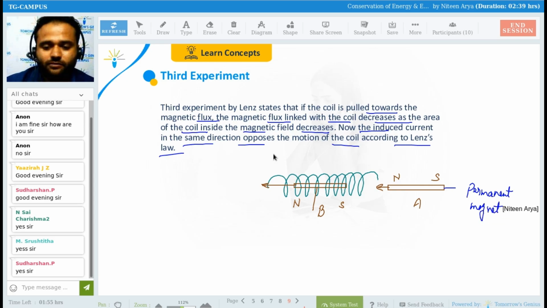Permanent magnets have fixed north-south poles. Clear? But this is a temporary magnet. So, beta, if the magnet is temporary, the poles will also be temporary, isn't it?